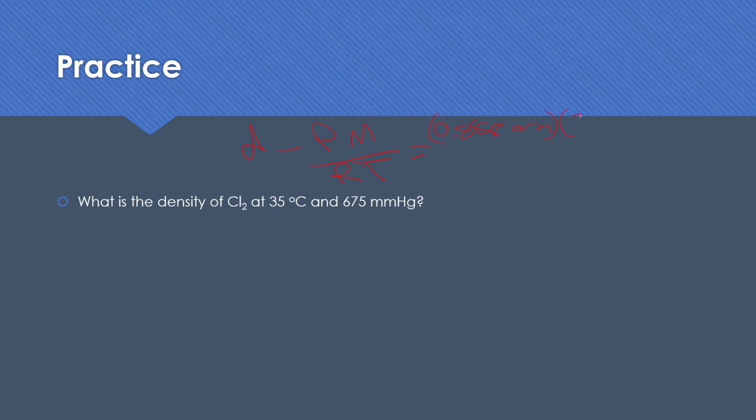The molar mass of chlorine is 71 grams per mole. R is 0.08206 liter atmospheres per mole Kelvin. And temperature is 35 Celsius, so 308 Kelvin. So Kelvin cancels, moles cancel, atmospheres cancel, and you get grams over liters. And it comes out to 2.52 grams per liter.